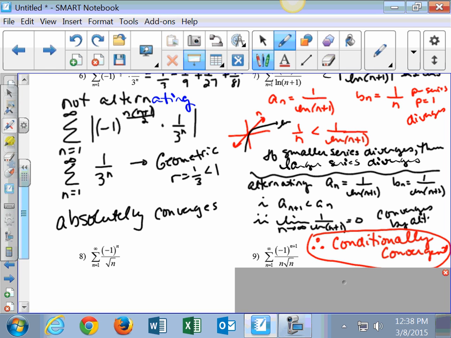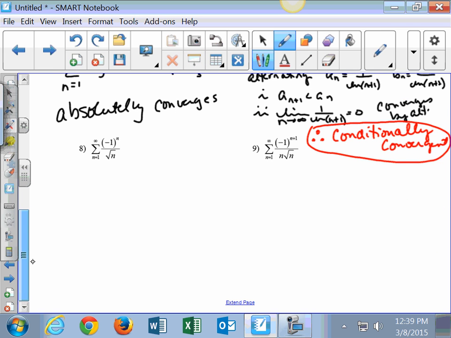Alrighty. So now I'm going to go to number 8. Looking at number 8, I'm going to once again look at the absolute value of this.